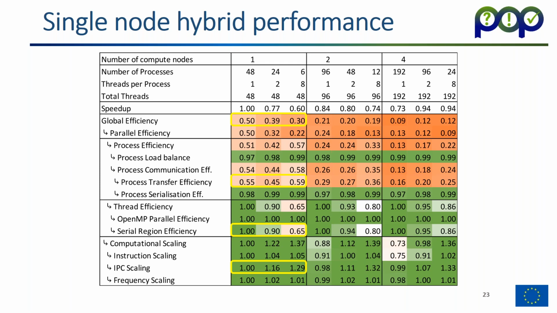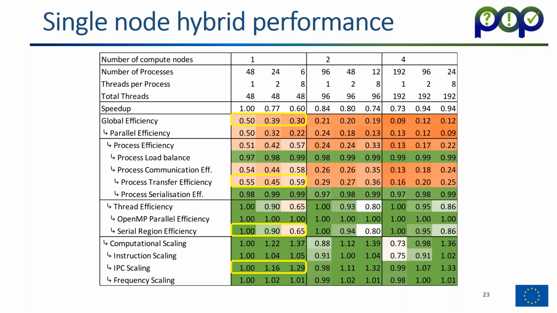There's also another interesting effect that's occurring here, and that is the IPC scaling. It's getting better, which means that as I increase the number of threads per process, the number of instructions per cycle is getting higher. So there is some performance benefits that we can identify here from running on multiple threads, as well as the poor performance from the serial region.